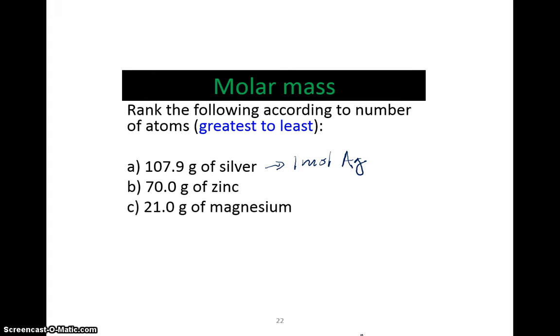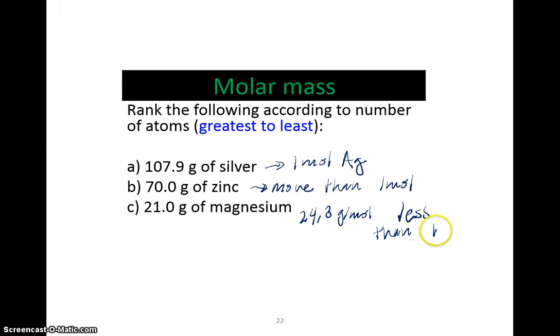The molar mass of zinc is 65, so that means we have more than 1 mole. And the molar mass of magnesium is 24.3 grams per mole. Since we have 20 more, that means we have less than 1 mole.